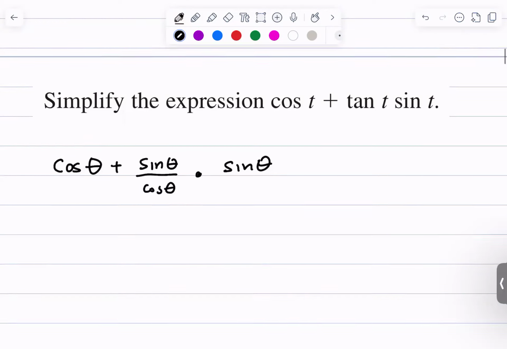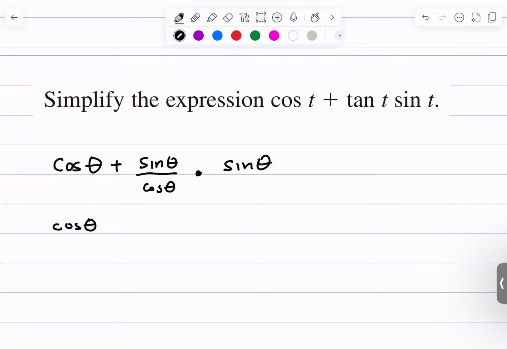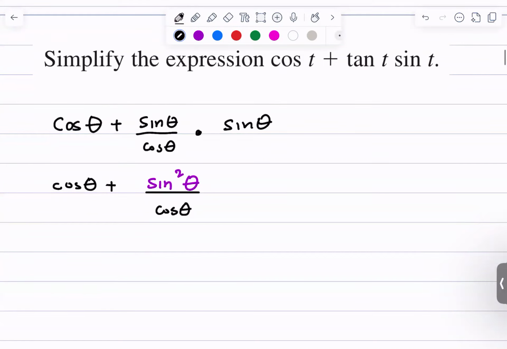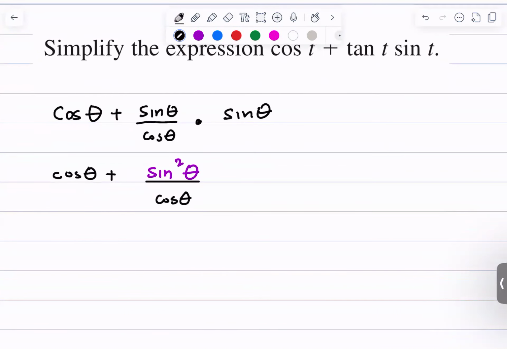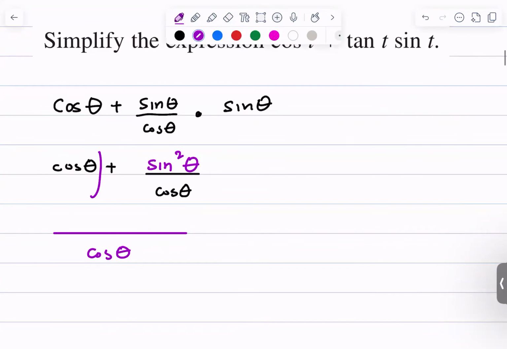And here, my next step would be to combine the two and make this sine squared theta over cosine theta. Okay. And then to get my common denominator of cosine theta, this first term, the cosine theta, I need to multiply this by cosine over cosine.